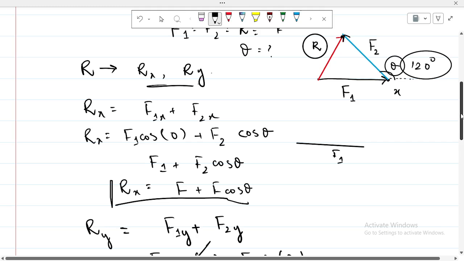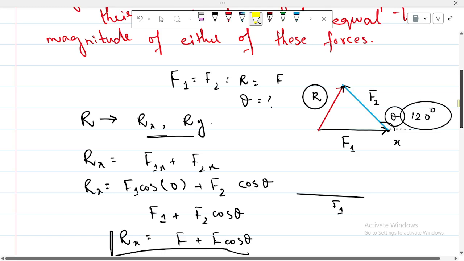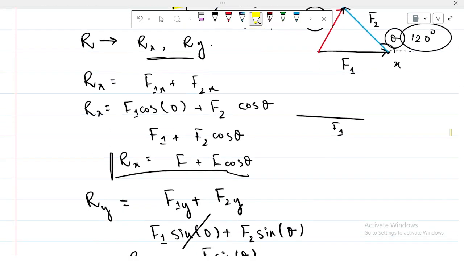I hope it was clear enough. We started off by first of all identifying that since the question says that the forces F1 and F2 are equal and their magnitude to the resultant is also equal, we put it equal to a single force, and the unknown is theta. We first of all write the x component of the forces. Since F1 makes no angle with the axis, it is 0.